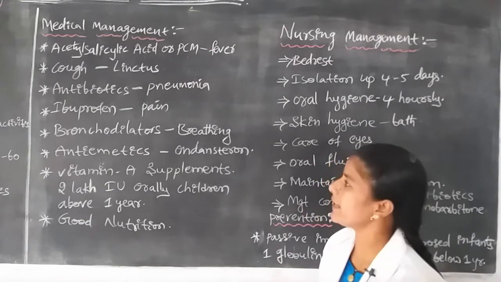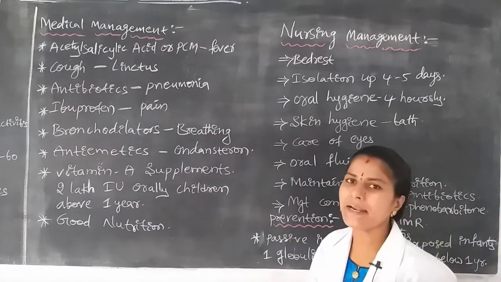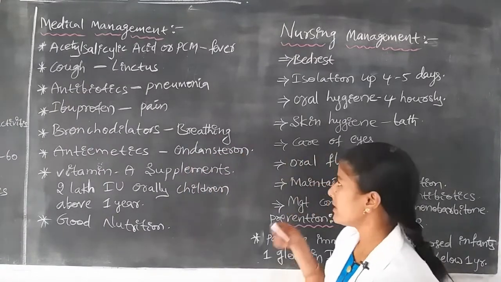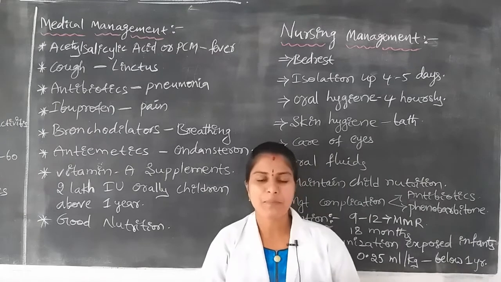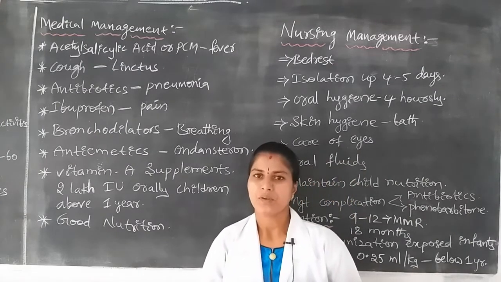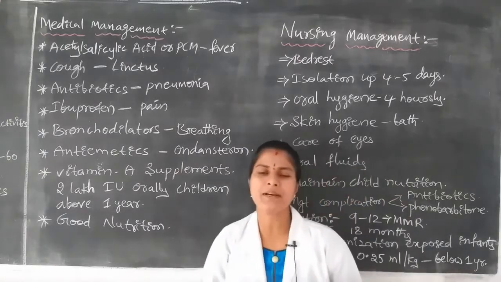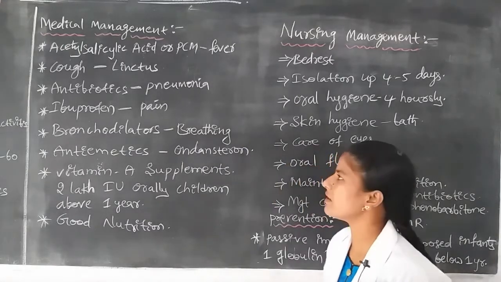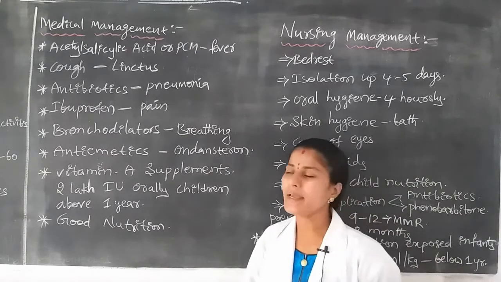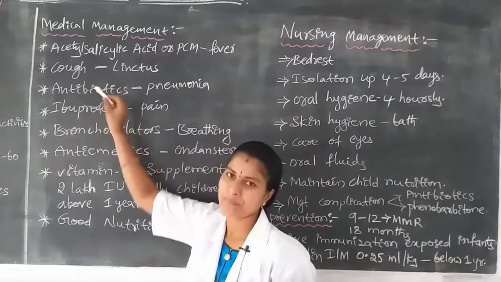Next, antibiotics. Why do we have to administer antibiotics? For prevention of secondary infection like pneumonia. Because the children are having the cough symptom, that's why we have to administer the antibiotics.